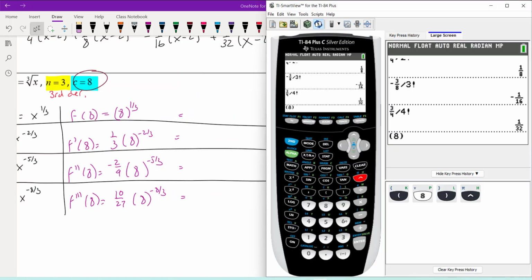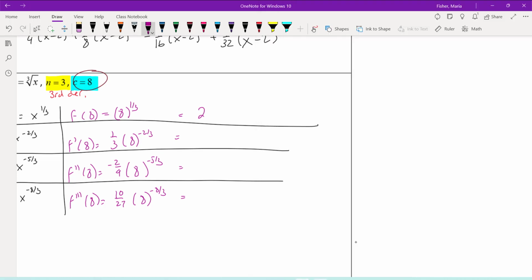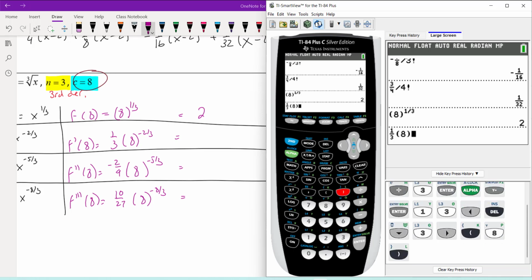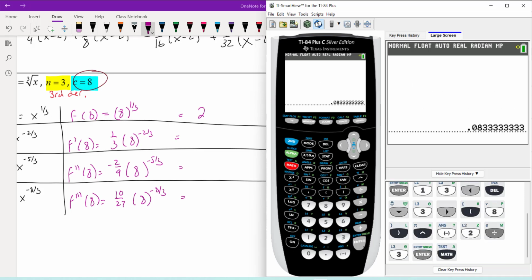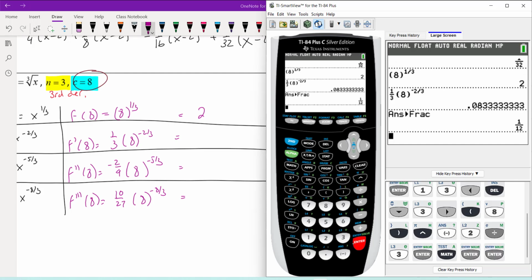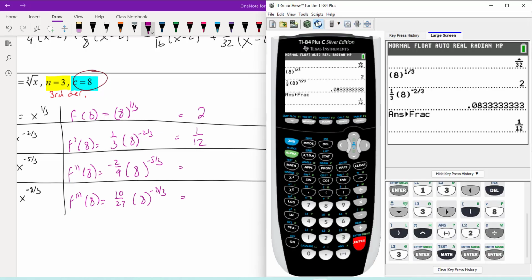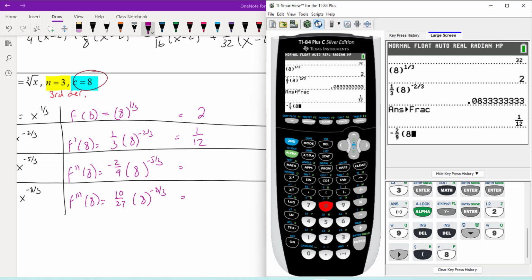8 to the 1/3, we end up with 2. The next one, 1/3, and then 8 raised to the negative 2/3, making that into a fraction, we have 1/12. The next one, negative 2/9, times 8 raised to the negative 5/3.